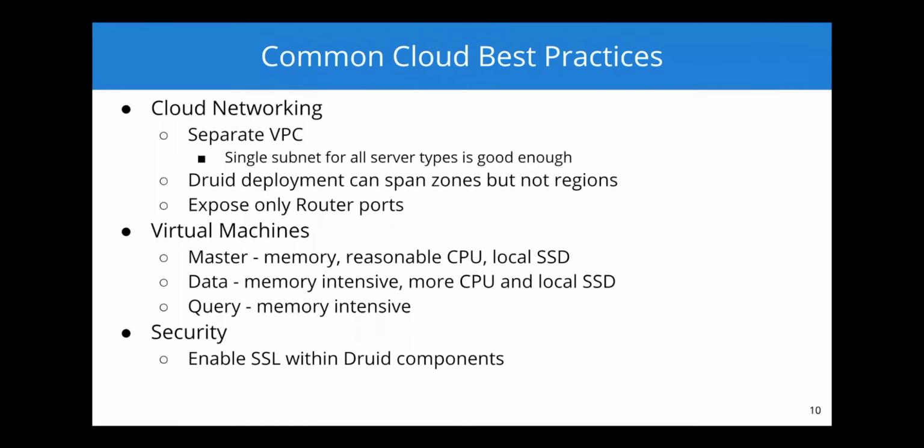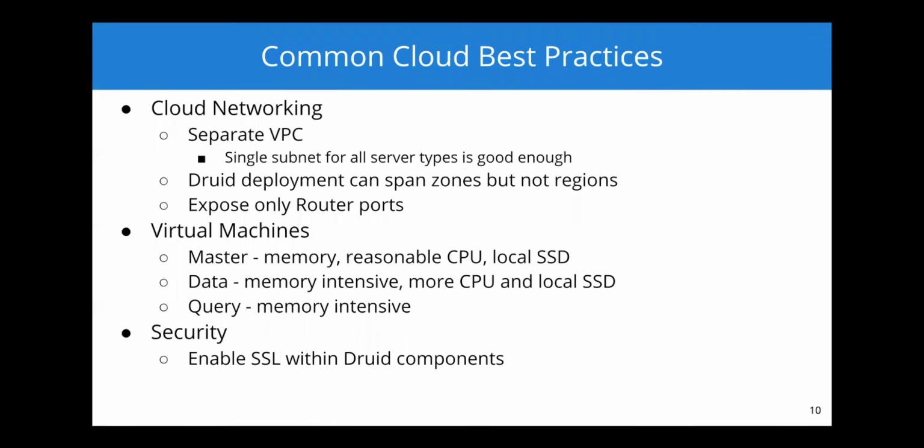For data nodes, for data server types, it needs a lot of memory and more CPU. These are the set of historical processes running inside the data nodes, and they're the ones answering your queries from your immutable segments that have been ingested into the Druid cluster. More the CPU it is, the more parallel it could run your queries, more parallel it could read the segments.